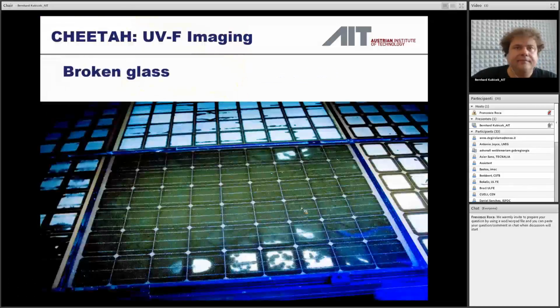So on the next slide, we have some more strange stuff going on. I will show this because maybe it's interesting for you to see that you can see a lot of things that maybe are not clear to interpret. In this case, this was a module that had freshly broken glass.